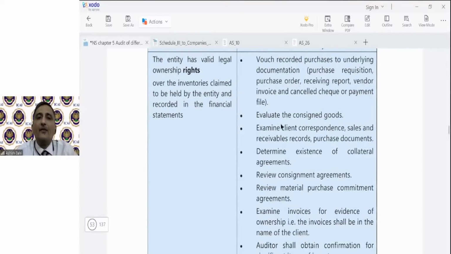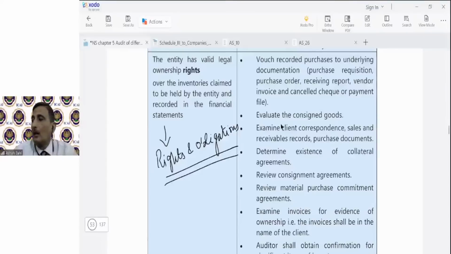So the entity has valid legal ownership rights. This assertion relates to rights and obligations. Obviously, guys, when inventory is appearing in the financial statements of the company, what does it mean? It means that the company has a valid legal right over it, an ownership right over it.